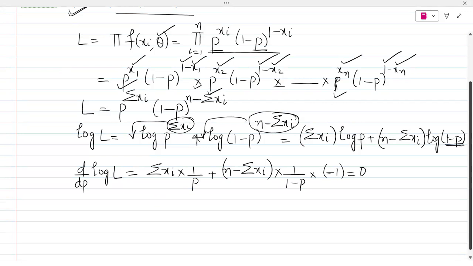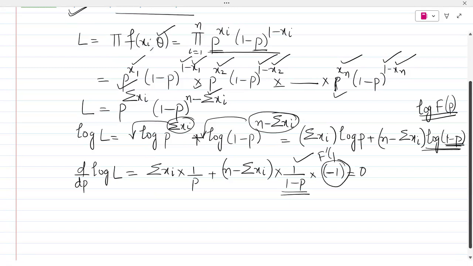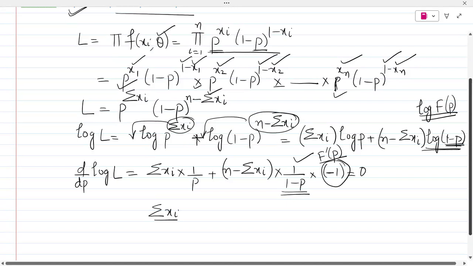What is this function? It is log of f(p), some function of p, so its derivative is 1 upon f(p), times f dash p, the derivative of f(p), which is this minus 1. Now setting it to zero, summation xi upon p equals n minus summation xi upon 1 minus p.